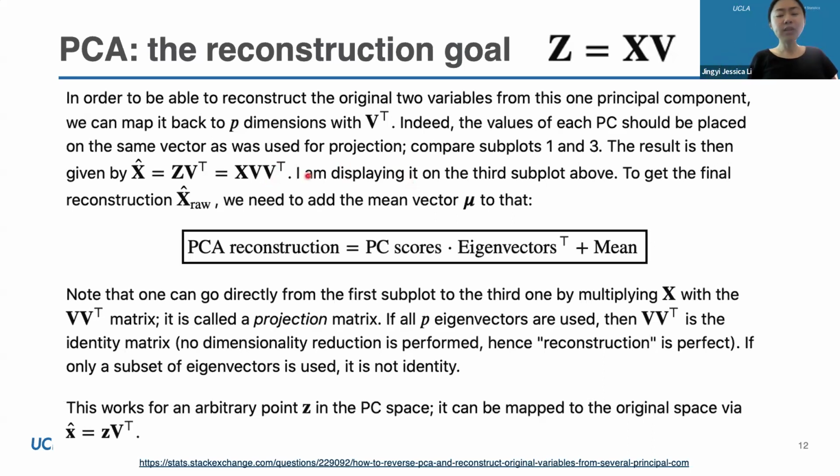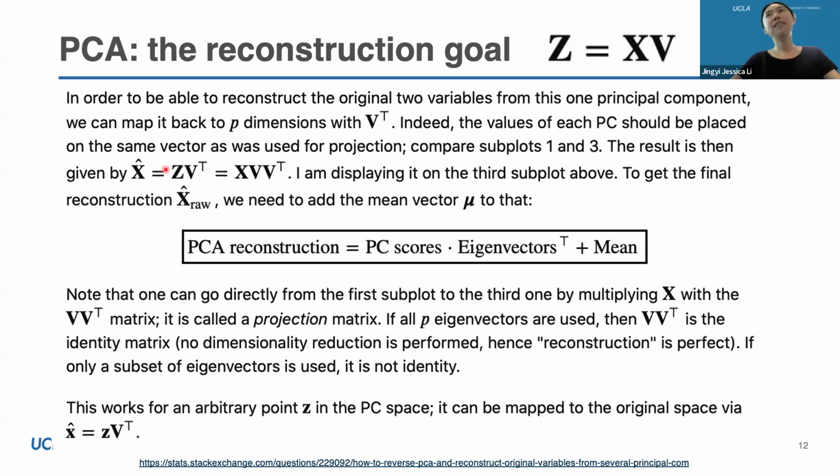But what we actually have is that originally your X may have full column rank P. If you remember, column rank and row rank are two linear algebra concepts. If your P columns are linearly independent, that means you cannot explain any column as a linear combination of the other columns.